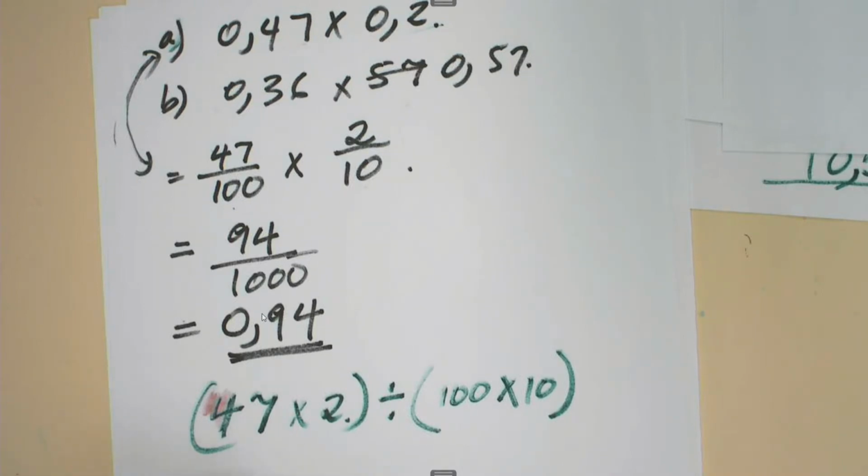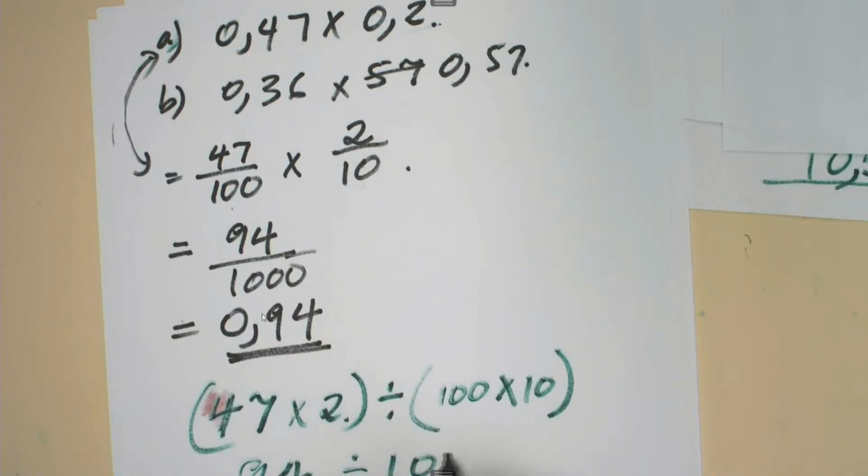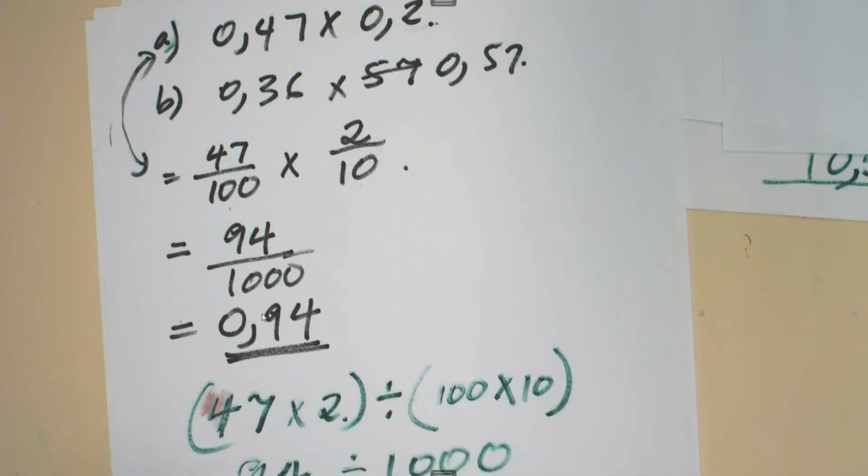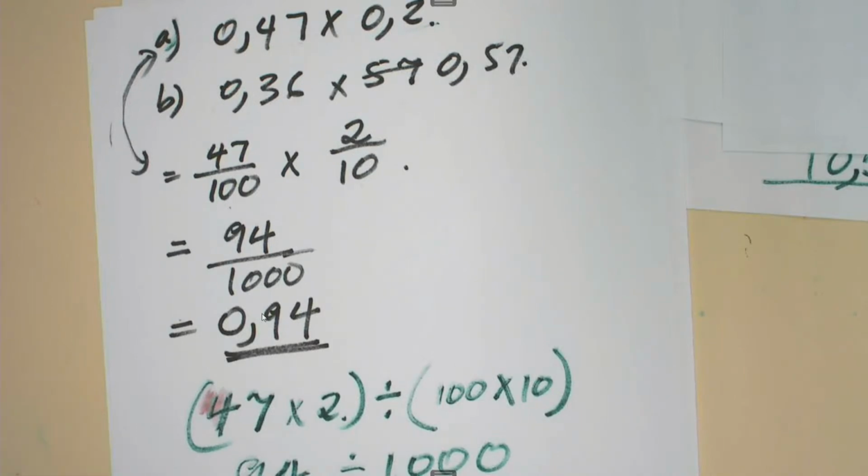Then this is going to be 94. Good. Divide by, this is what you call 1,000. Now you remember that shift of the number going to the right. Remember here we are having our comma.